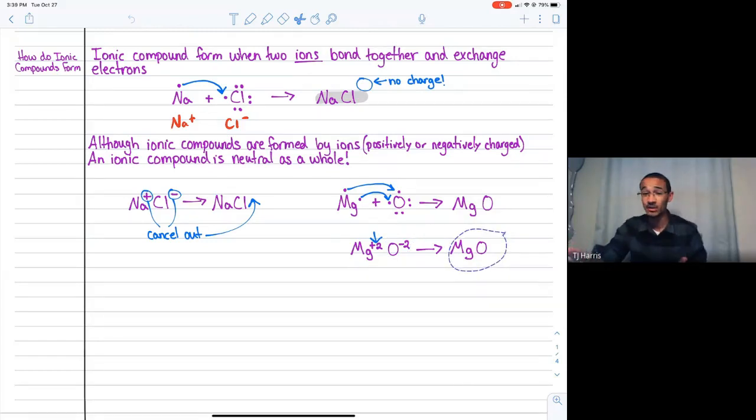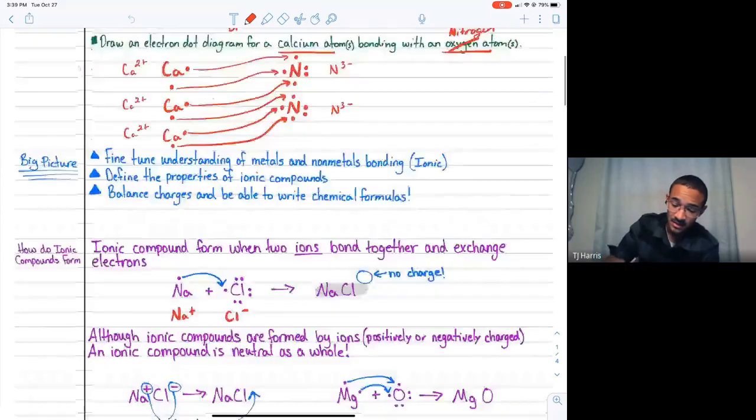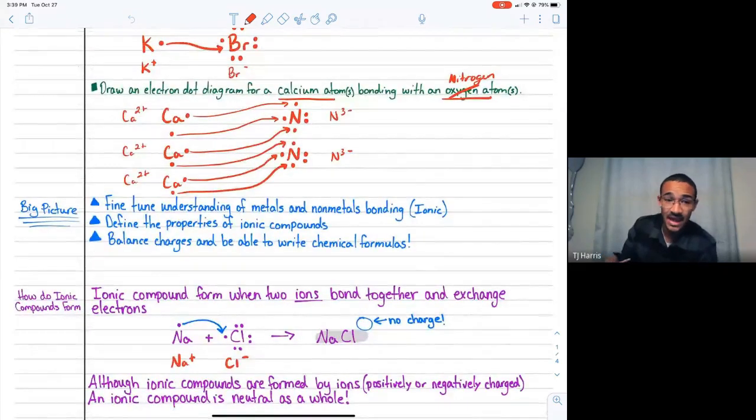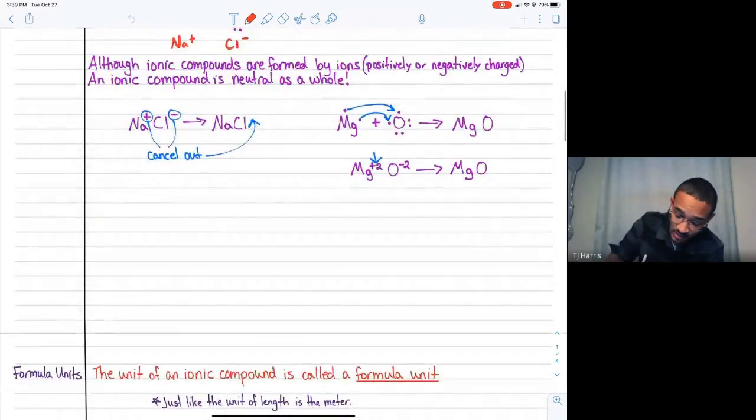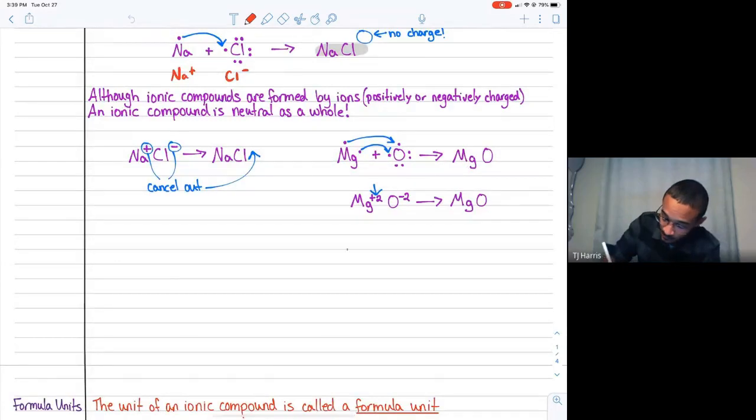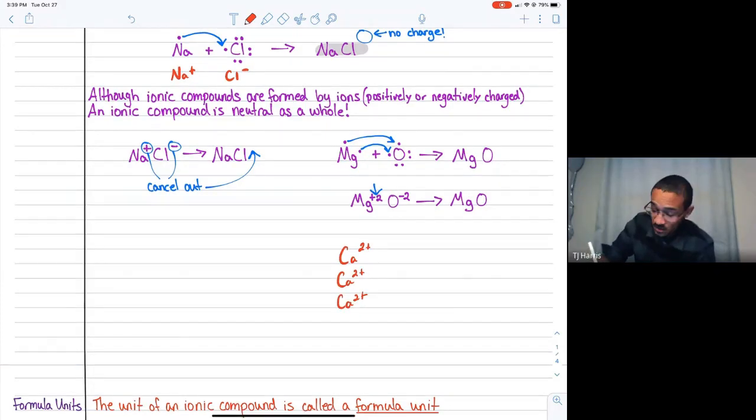Now I'm going to jump ahead a little bit because I think we're ready for it. What happens like the one we just did where we had Ca and N? I needed 3 calciums: Ca2+, Ca2+, and Ca2+. And I needed 2 nitrogens.